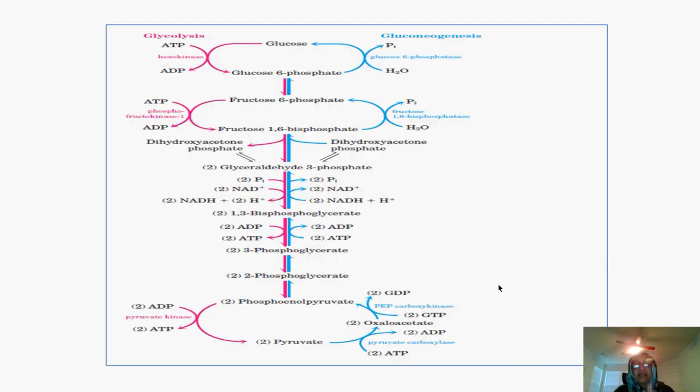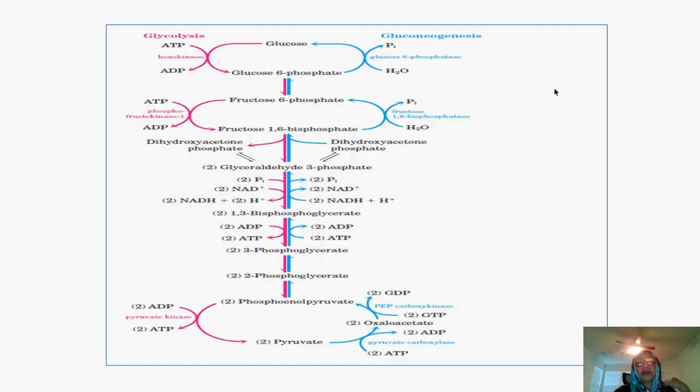This is the solution. The liver can get energy for itself. That could be from fat or lipids, and it utilizes that energy to synthesize glucose, and this glucose can be used by other cells that need energy.